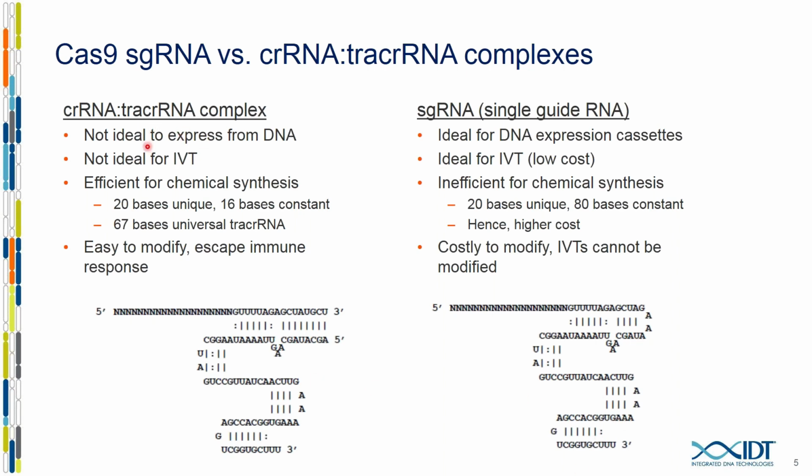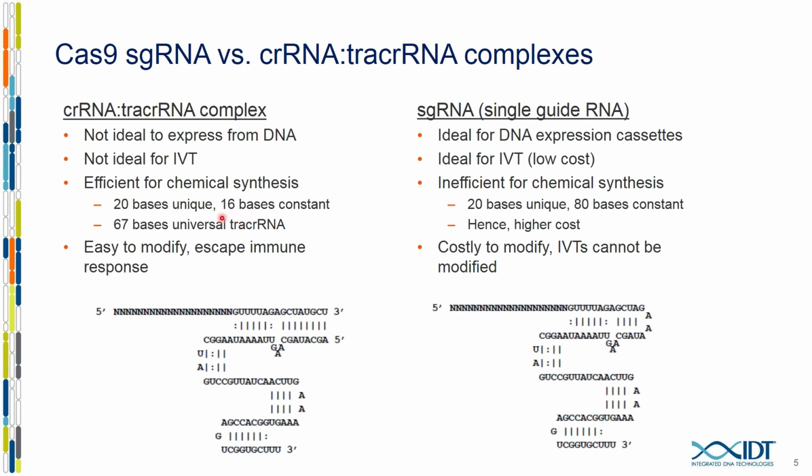So for the two-part system, these are not ideal to express in the cells from plasmid DNA. You would need to add on transcription terminators, things like that. For the same reason, not ideal for in vitro transcription, or IVT. We're an oligo manufacturer. They're very efficient to make with chemical synthesis, and we've been able to truncate them and make them a good deal shorter and still maintain or even in some cases increase potency.